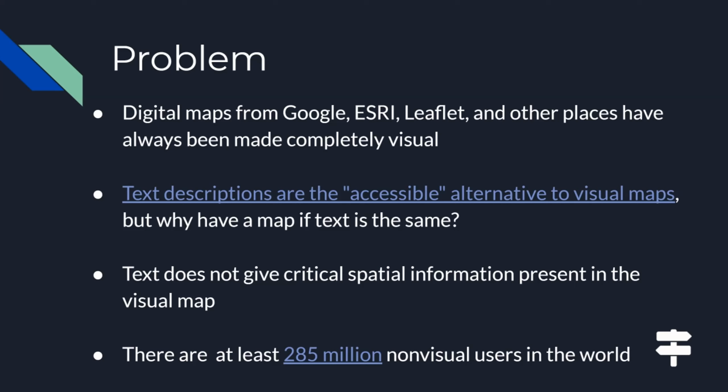If we think that text descriptions are adequate, then we don't really need data visualization or cartographers. I don't think that text descriptions can convey the spatial information. A lot of studies show that text descriptions do not provide the same information as an actual map.